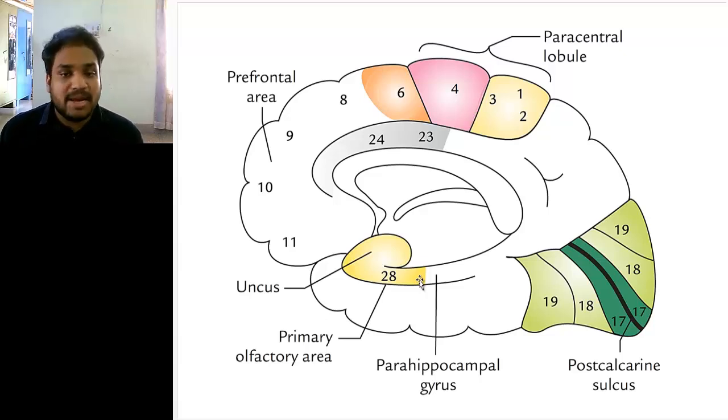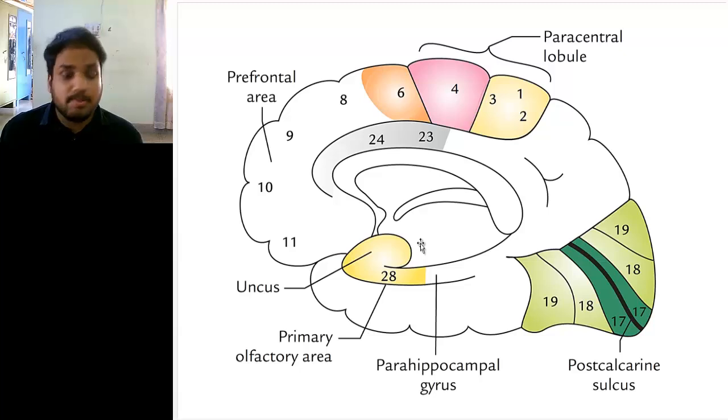And then the bilateral lesions of the amygdala. In such cases, you will have Kluver-Bucy syndrome. What are the features of Kluver-Bucy syndrome? There will be hyperphagia, or compulsive eating, and hyperorality, that is an oral tendency or compulsion to examine objects by mouth.